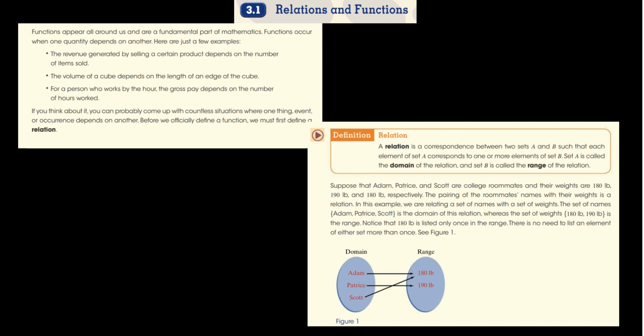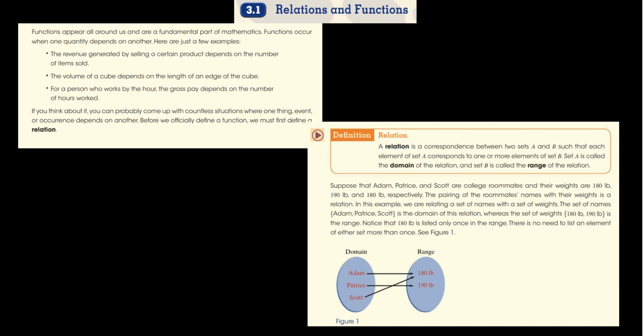But a lot of times we use set A to be the real numbers. We plug a number into a function, and then set B is also the real numbers. So they don't have to be two different sets. They can be the exact same set. We just need to define what those sets are as we proceed.